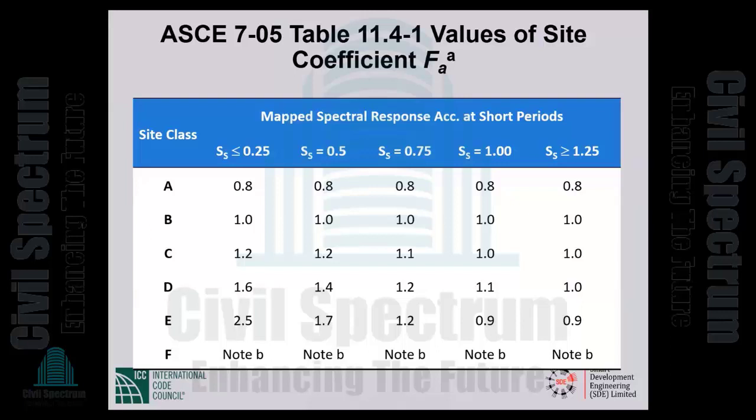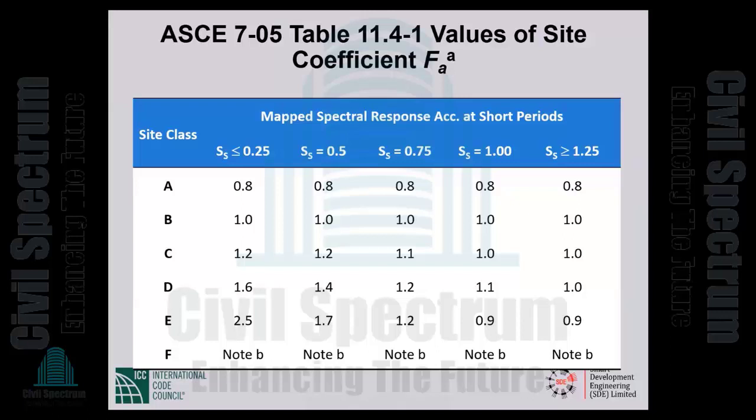That's where the site coefficients come in. AC 705 has two site coefficients, F sub A, short period site coefficient, with which we modify the short period ground motion parameter S sub S, and then the long period site coefficient F sub B, with which we amplify the long period ground motion parameter S sub 1.